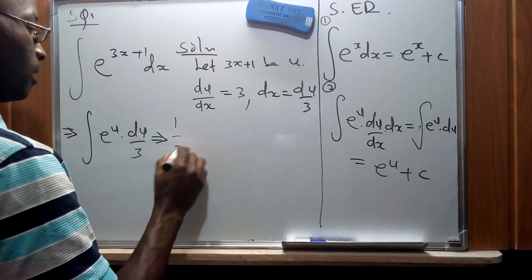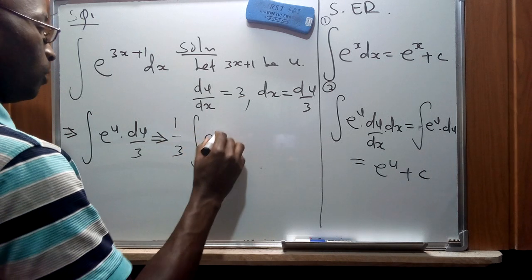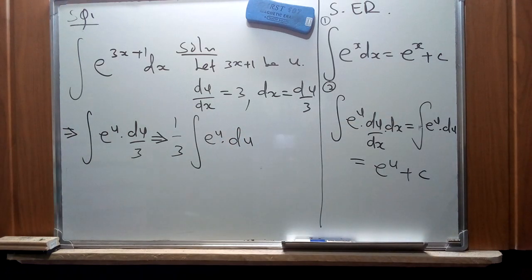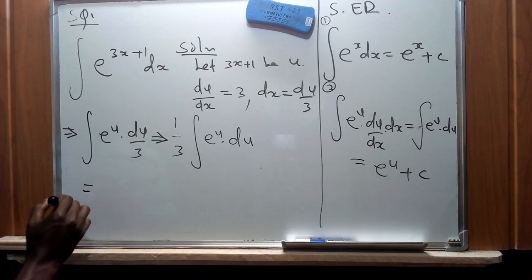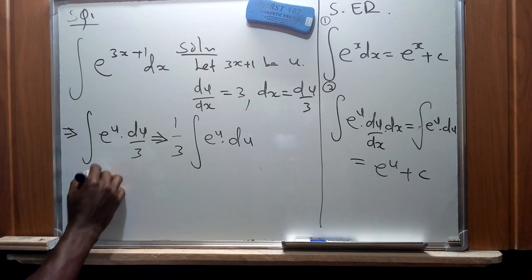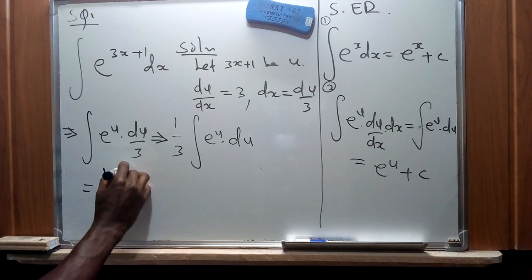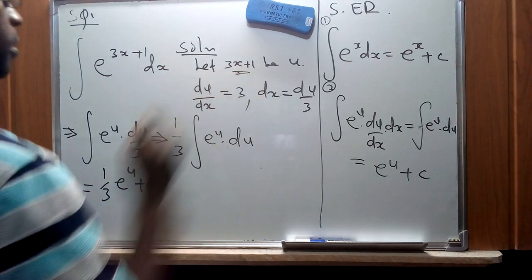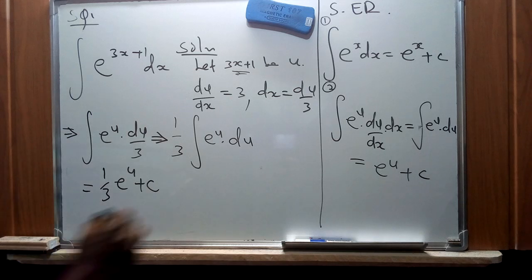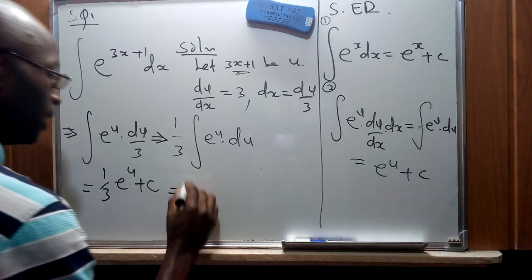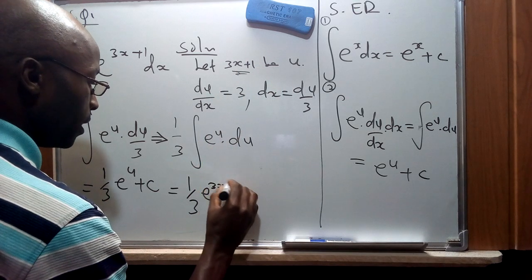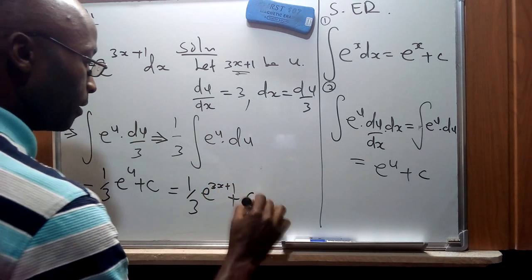So we have 1 over 3, the integral of e^u du. And of course, we are going to use the general exponential rule to find a solution for that. And that one will give us one third e^u plus c. So we have done a substitution for that one. Therefore, our answer will be one third e^(3x+1) plus c.